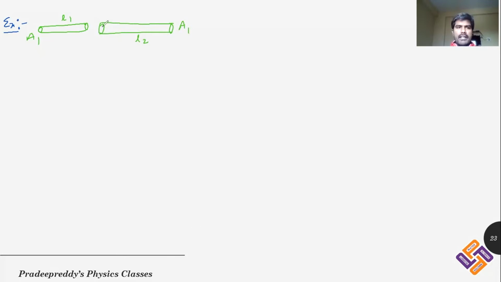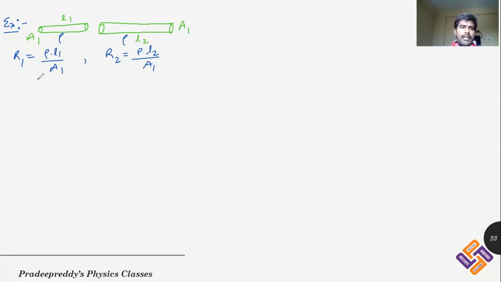So for two different conductors of the same material, its resistivity is rho, and its resistivity is also rho. Now how do you write resistance for the first conductor? R1 is equal to rho L1 by A1. How do you write resistance for the second conductor? R2 is equal to rho L2 divided by A1, because the area of cross section is the same.